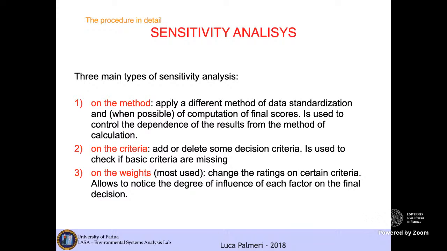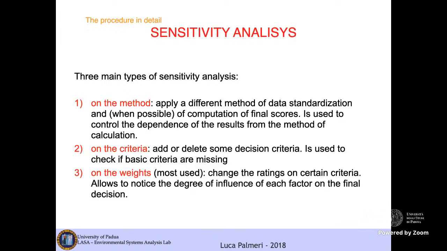There are three main types of sensitivity analysis. On the methodology, you apply a different method of data standardization, for example, or of computation of final scores. So you may standardize the data in different ways and evaluate how these different standardizations produce different rankings of alternatives.